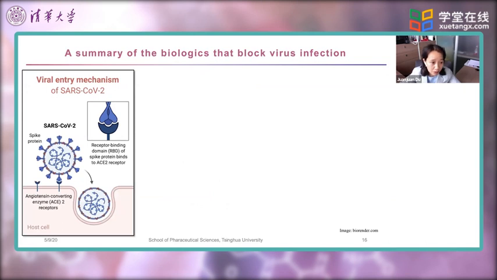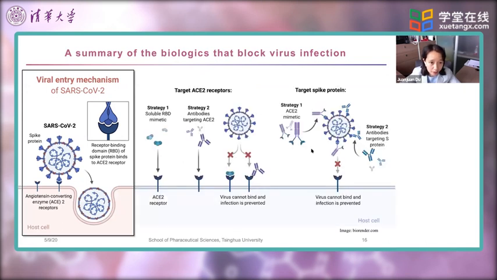Now I'm going to summarize this part. To block the virus infection, we can either target the spike protein or the ACE2 receptor, and we have a lot of different ways, like using antibodies or using mimetics of the protein to block this process.